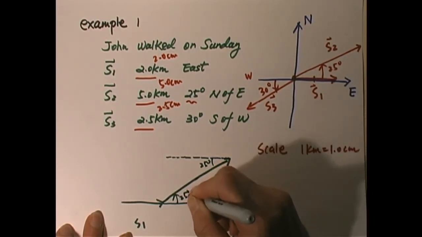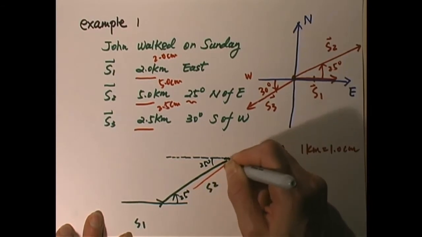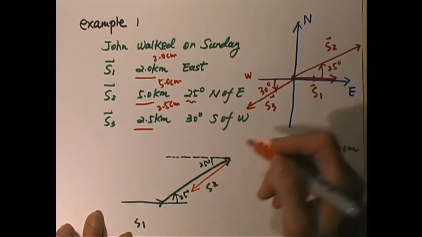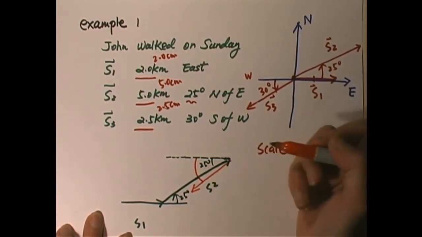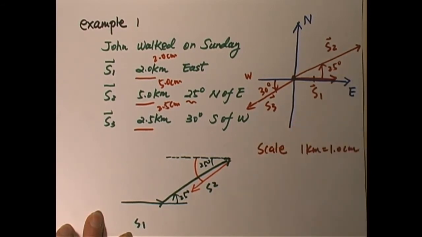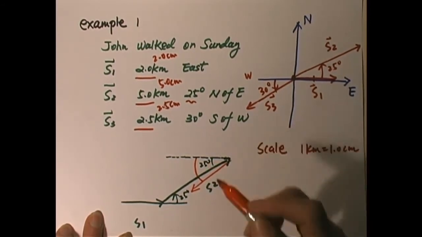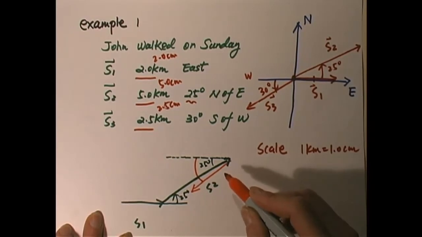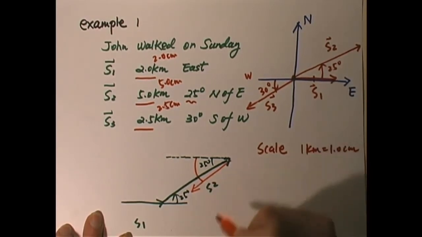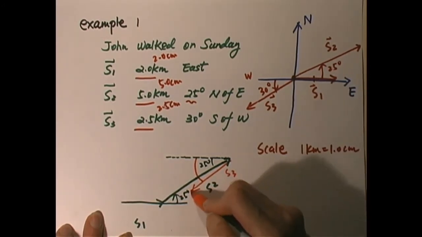So it's like that. That makes, for example, 30 degrees. Well, actually, I exaggerated, 25 degrees is not that big. So S3 is this orange one. Eventually, John ends up here.